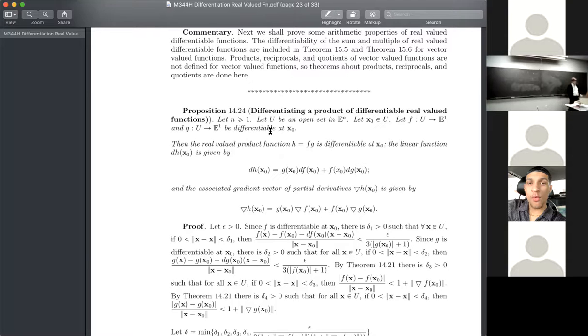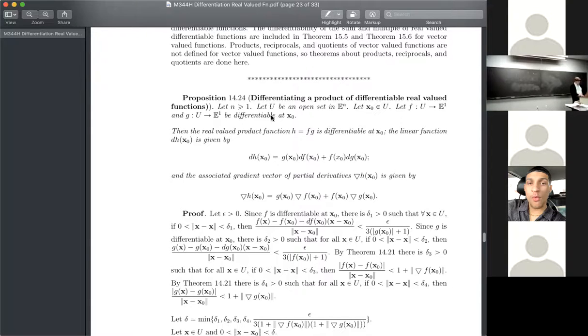So what you have on the screen, and I'm going to try to point it out with moving my cursor around. Okay, this DH, H I'm writing as instead of F times G, I'm writing H as the product. So D times H or D times FG is, okay, well, differentiate the first function, leave the second one alone, plus leave the first one alone, differentiate the second.